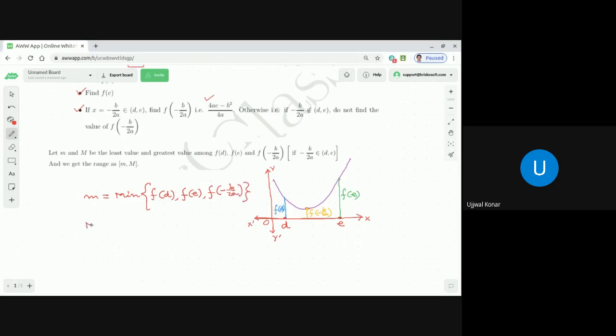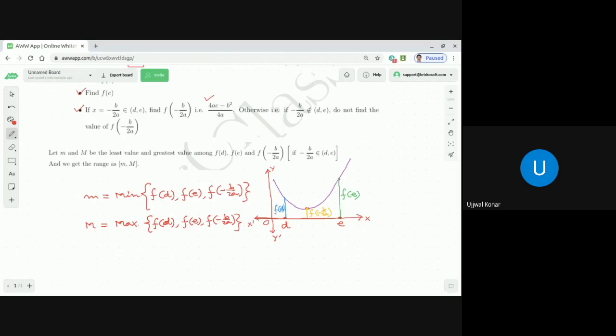And what is capital M? Capital M is the maximum among f of d, f of e, and f of minus b by 2a. So this is the minimum and maximum value.